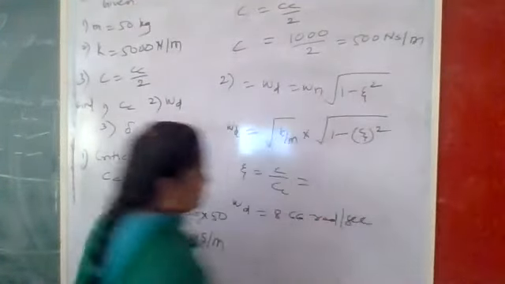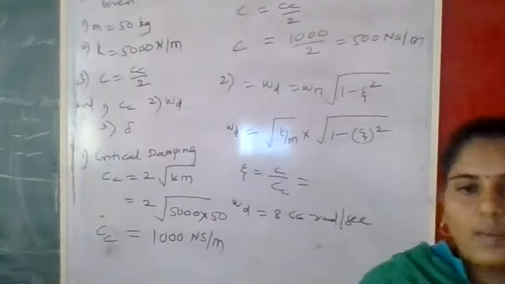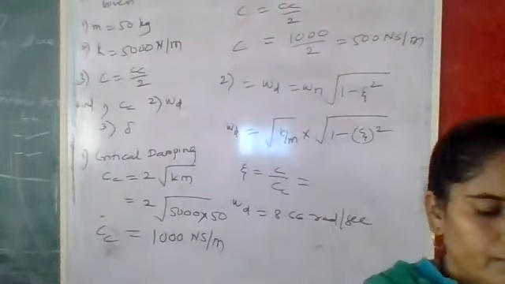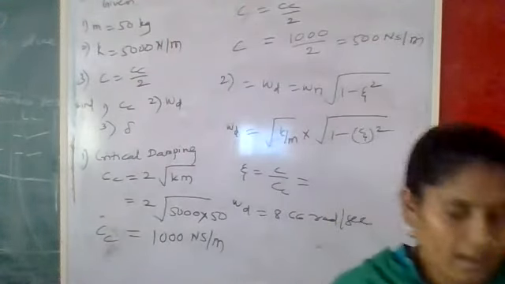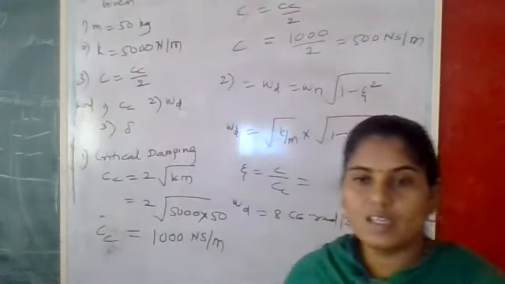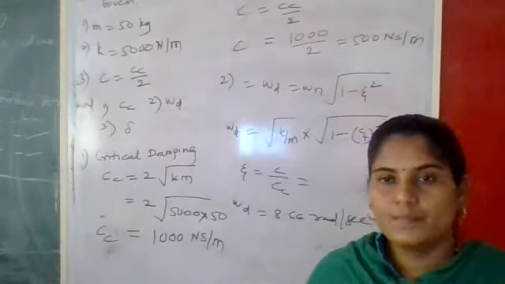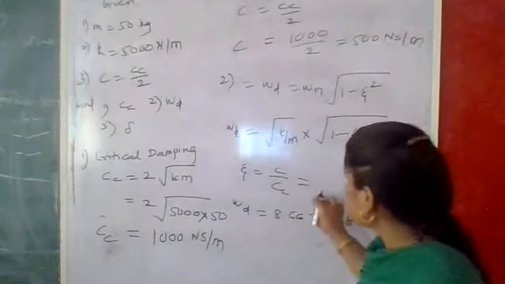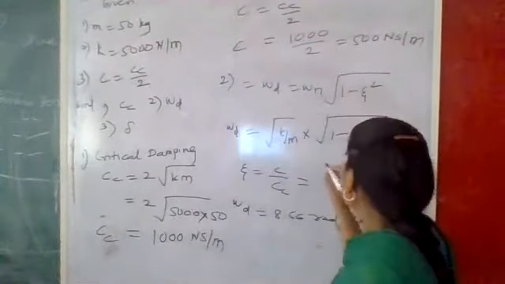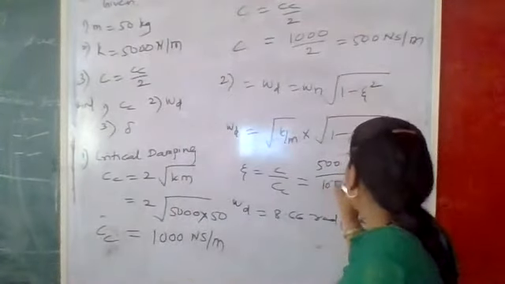That is the answer. How was zeta calculated? Zeta is equal to c upon Cc. Both values we already know. See whether everyone's answer matches. Now next, calculate delta. How to calculate delta? What is the formula of delta? Delta is equal to 2 pi zeta by root of 1 minus zeta square. Zeta we have already calculated, c by Cc. c is 500 divided by Cc, which is 1000.